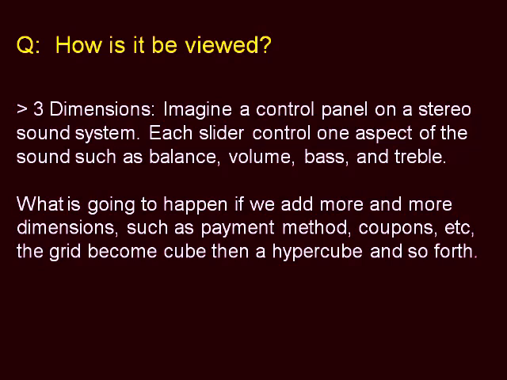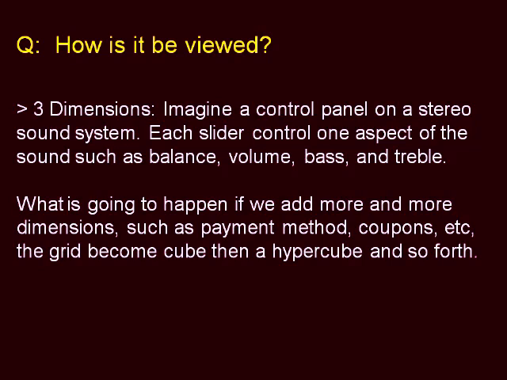If you use the sound system, each slider controls one aspect of the sound, such as balance, volume, bass, and treble. All these are knobs which can be controlled. You can adjust the parameter values. In a similar way, if you have more than 3 dimensions, you can map this higher dimensional data into a 2-dimensional grid in this manner.